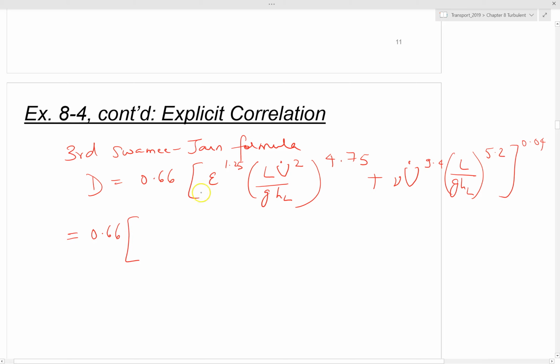E is here equal to 0, smooth surface as we said, and the kinematic viscosity is 1.655 times 10 to the power minus 5 meters square per second.